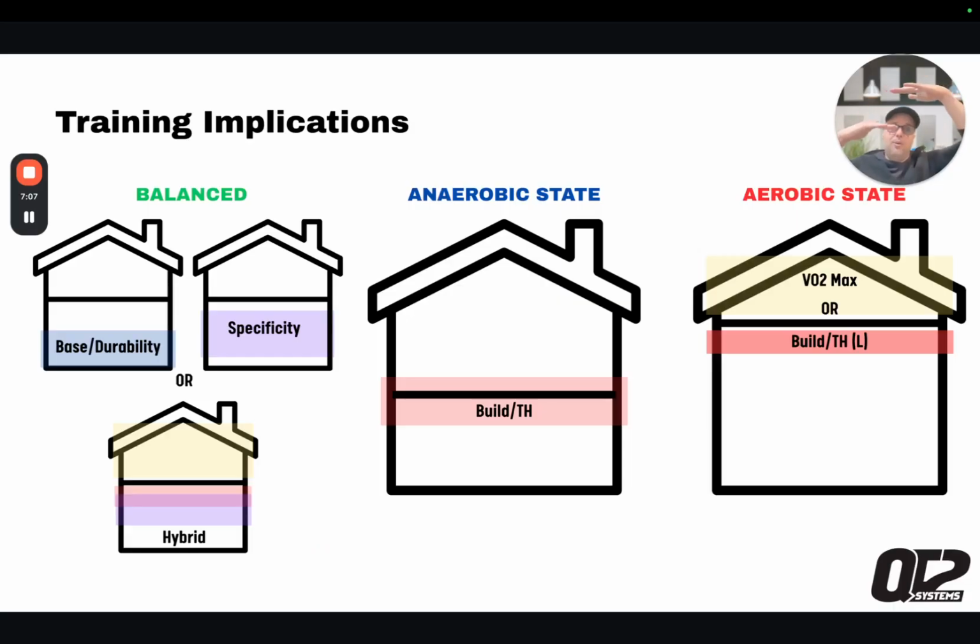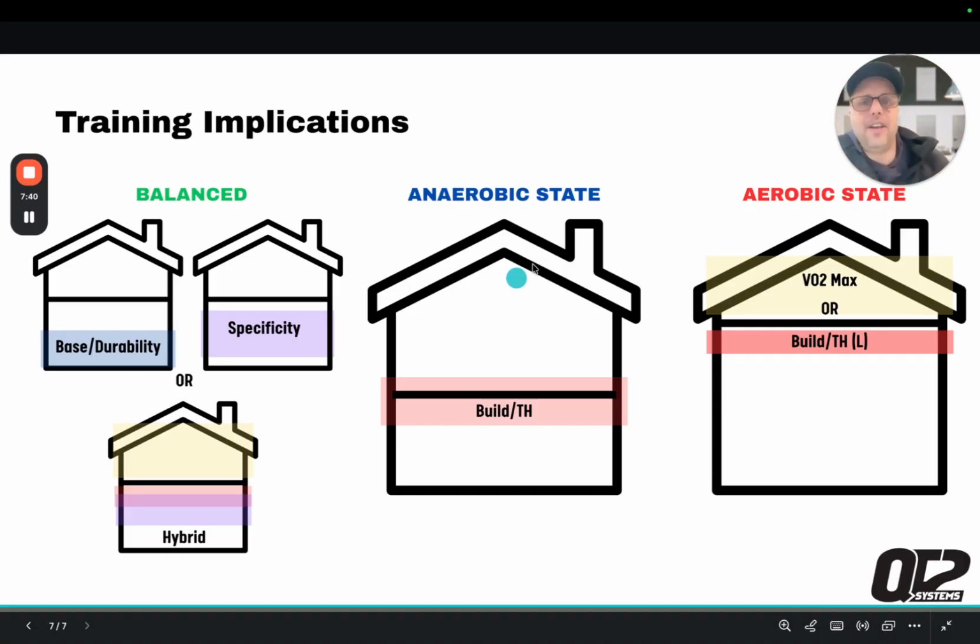In any change to that athlete's physiology, we want to maintain the relationship between critical intensity and power or speed at VO2 max. So we want to move critical power, critical speed, and power or speed at VO2 max together. Always, we're aiming to increase critical power or critical speed as high as we can get them, but we want to maintain a certain physiological agility for the athlete in a balanced state. So we want to maintain that relationship.